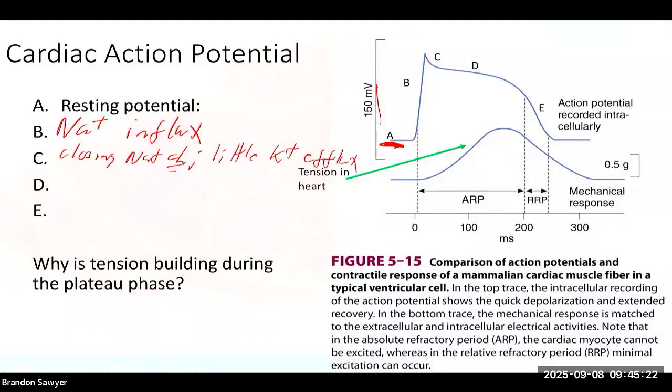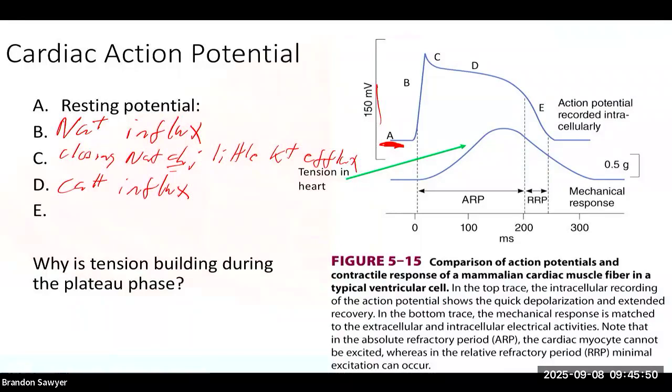We'll look at a bunch of different types of action potentials throughout the next month or so. But usually the repolarization when we go back down towards resting membrane potential is always going to be caused by potassium efflux. But it's important that the sodium channels close too, or else we would have kept going up, right? So sodium channels close, potassium starts to leave a little bit, but that also leads to calcium influx.